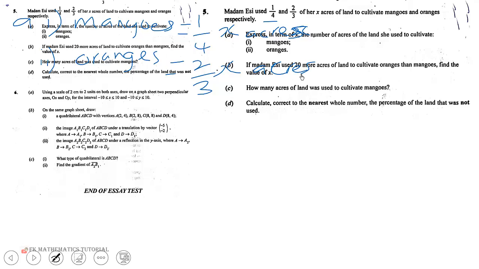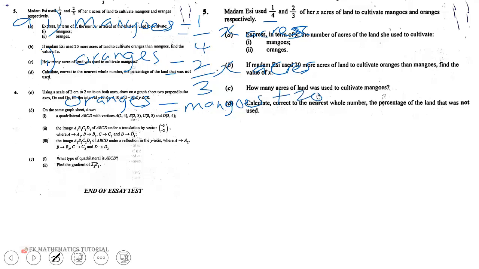And now we said if Madam Essie used 20 more acres of land to cultivate oranges than mangoes. So you have to add 20 more acres to mangoes in order to be equal to acres used for oranges.